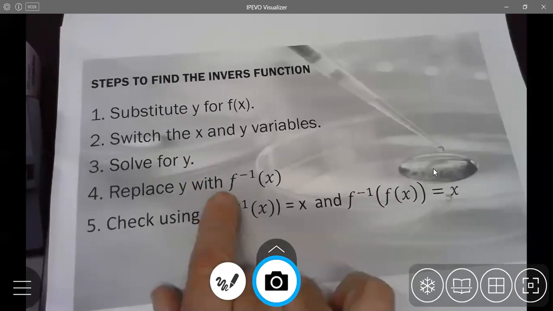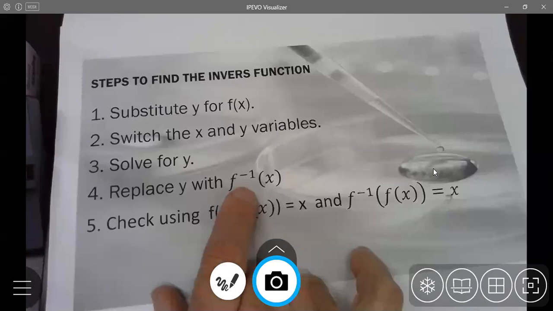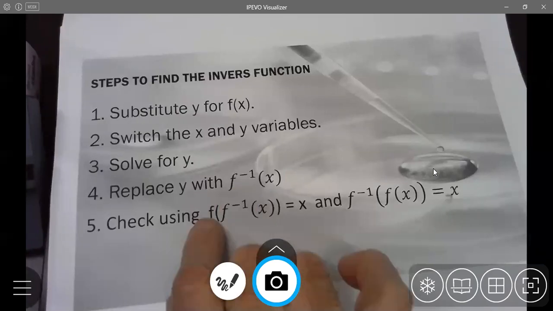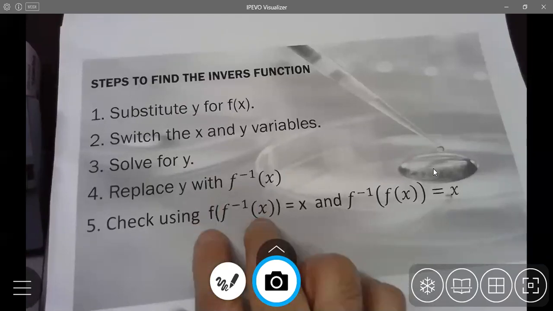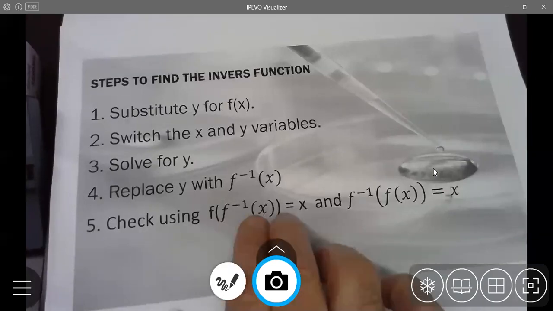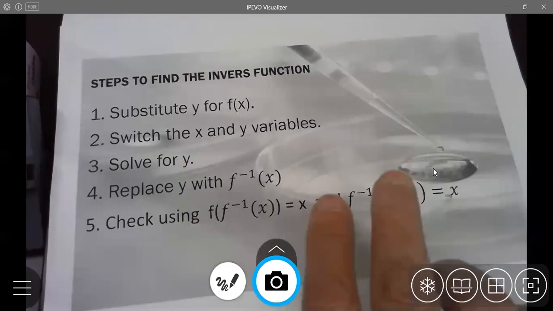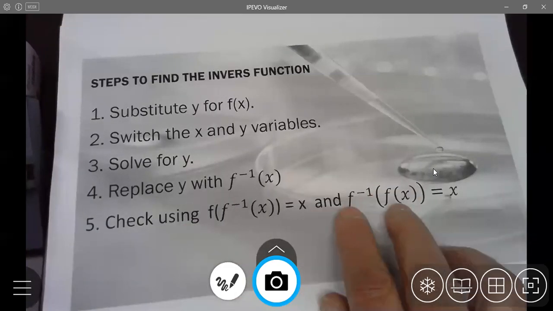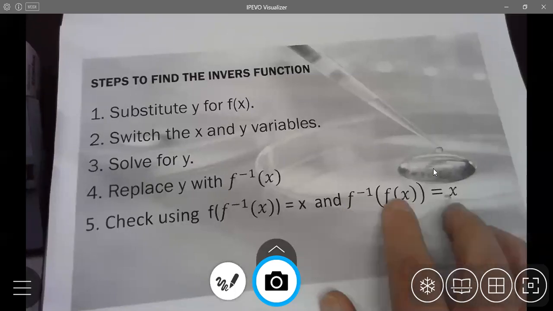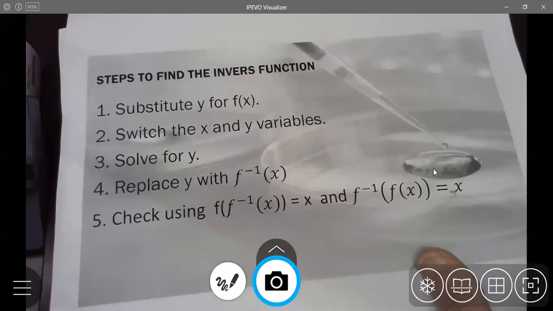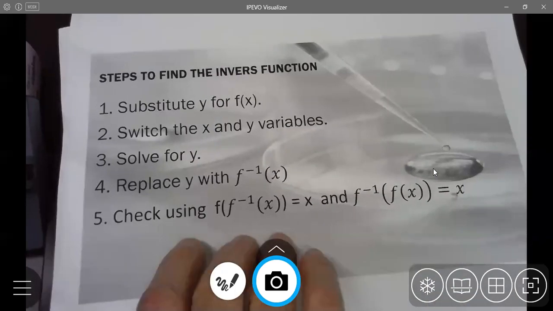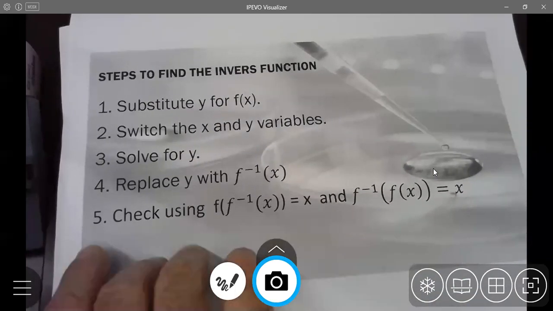Replace y with the inverse function symbol, and then check using composite functions. F composed with its inverse of x, everything cancels and you get x. And then if you switch it, put the inverse composed with f of x, everything cancels and you get x. Okay, so that's always a good thing to do, to check that.